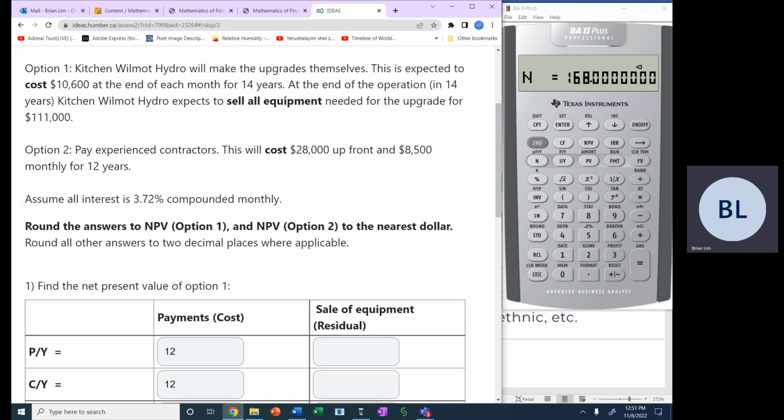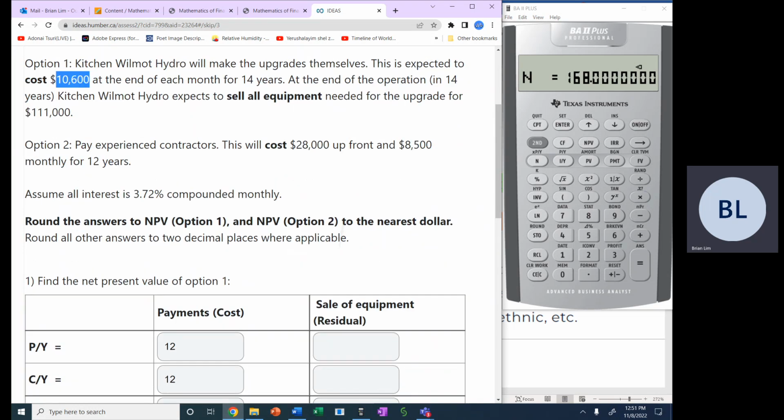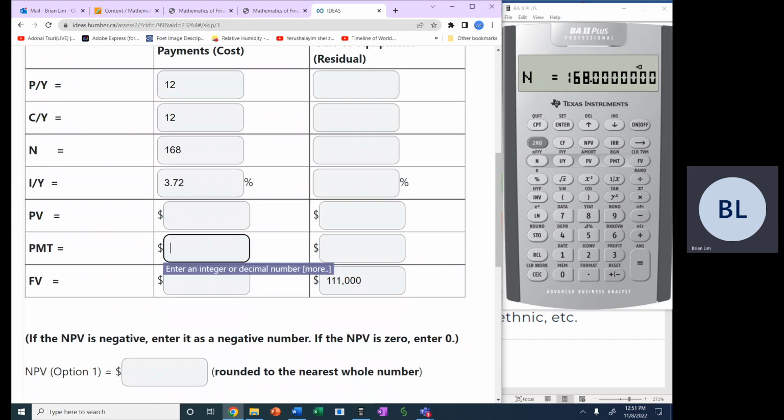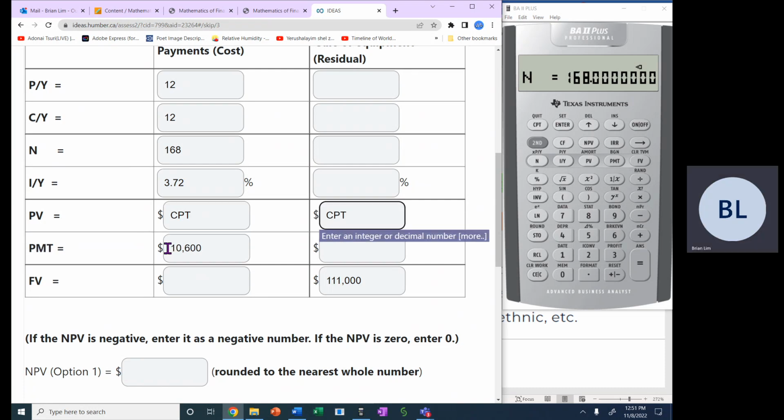Now, there is a payment in this case of $10,600 at the end of each month. So payment is $10,600. Present value is what the computation requires. And that is the same over there.